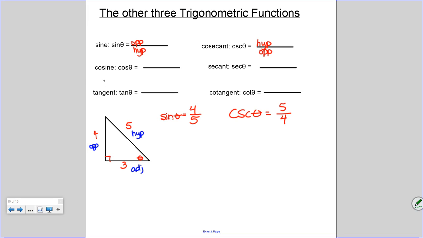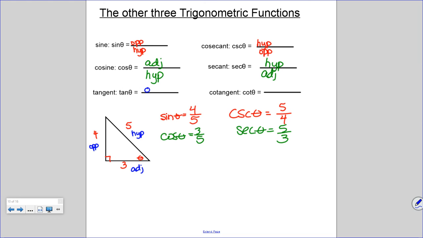Let's talk about cosine. We know cosine to be the adjacent side divided by the hypotenuse. Secant is the hypotenuse divided by the adjacent side. So the cosine of theta for this triangle, adjacent is 3, hypotenuse is 5, then the secant, you flip that, 5 over 3.